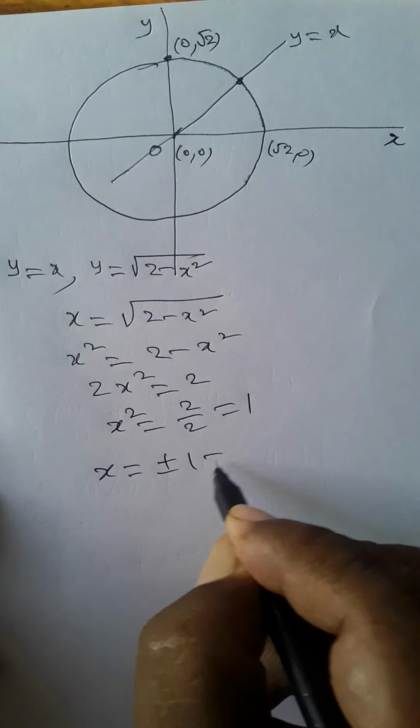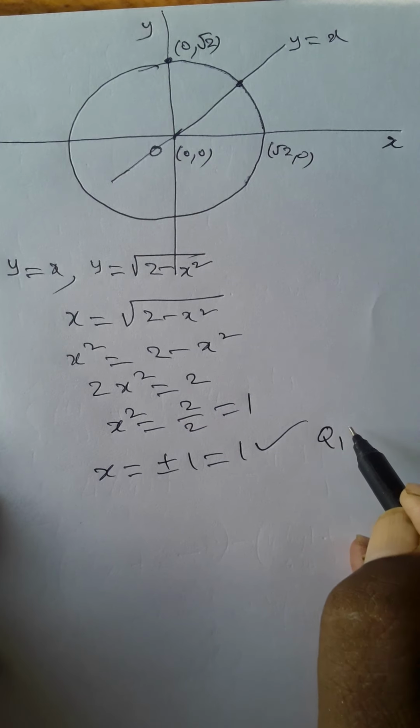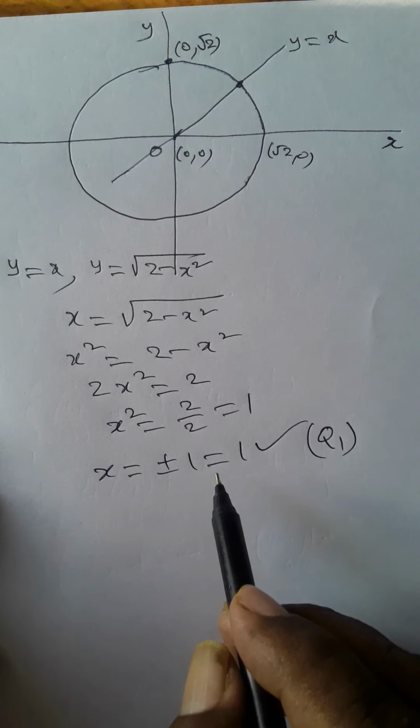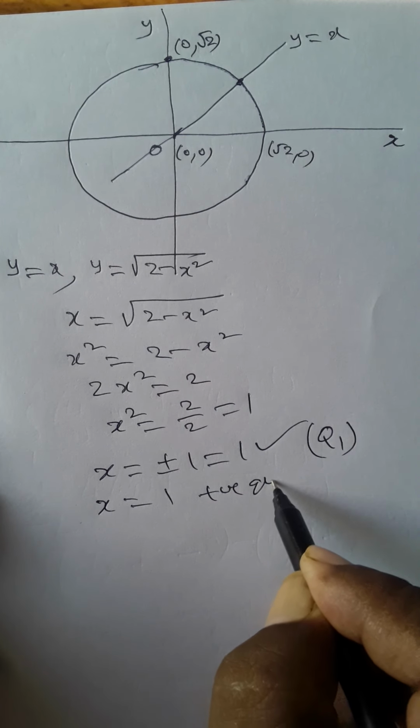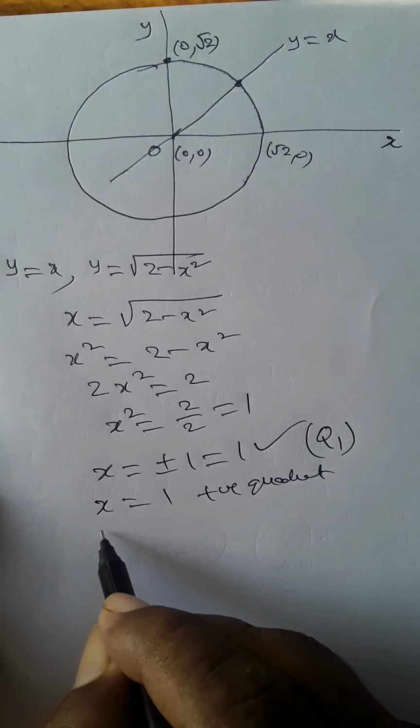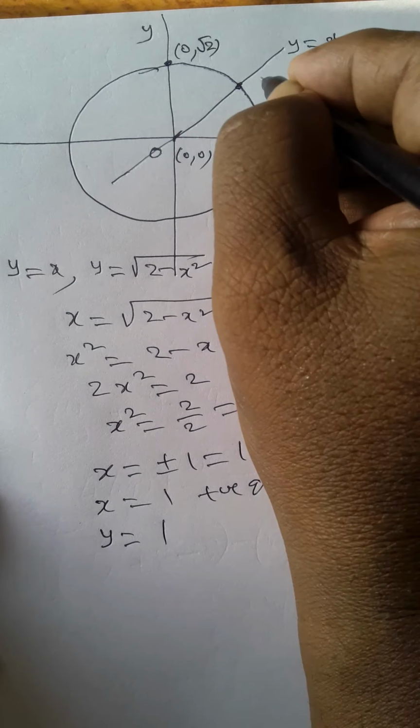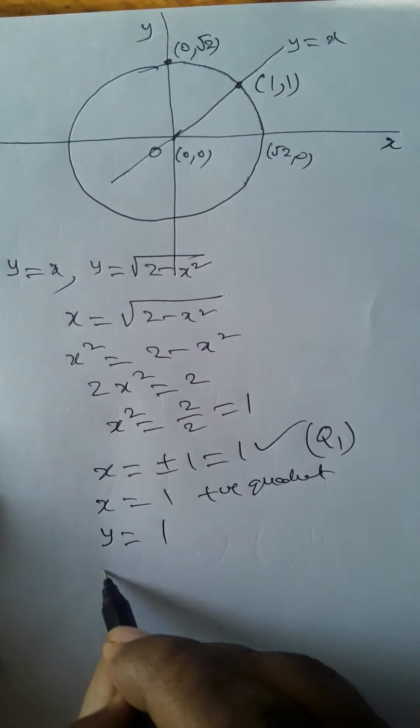You take 1 only, first quadrant, the positive quadrant. So take x is equal to 1, so y is equal to 1. So this point is 1, 1, the intersecting point. So this is 1. So our region is this dotted region.